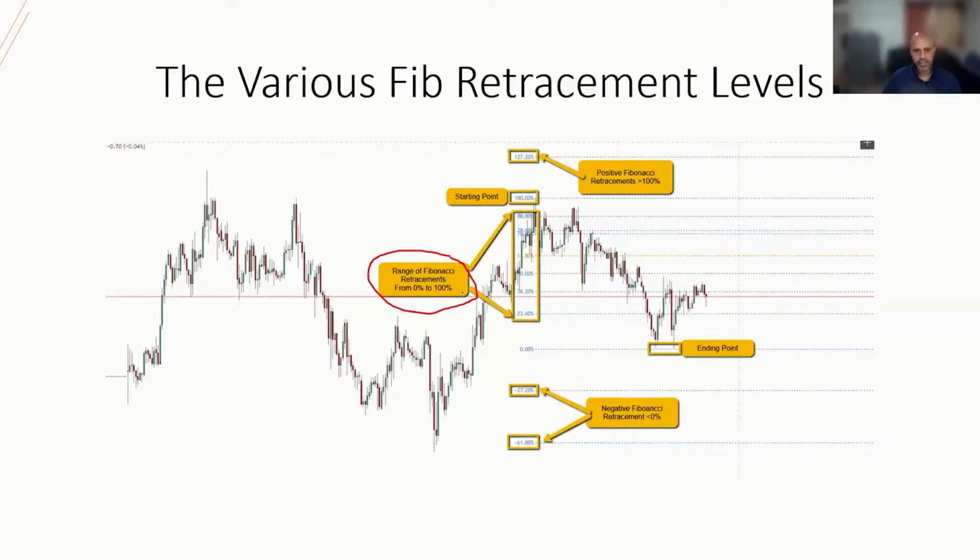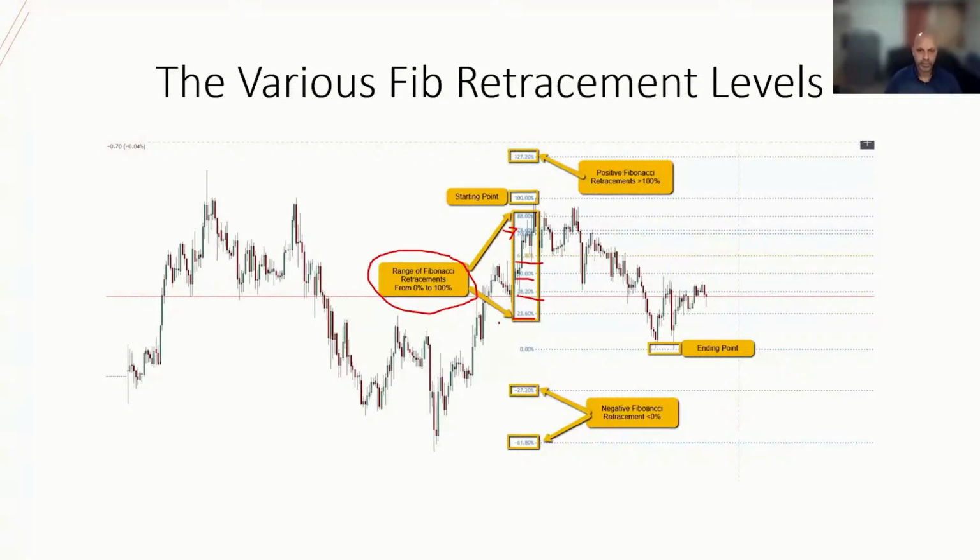So the key retracement levels are at 23%, 38.2%, 50%, the golden ratio of 61.8%, and 78.6%. So there are 1, 2, 3, 4, 5 key retracement levels.